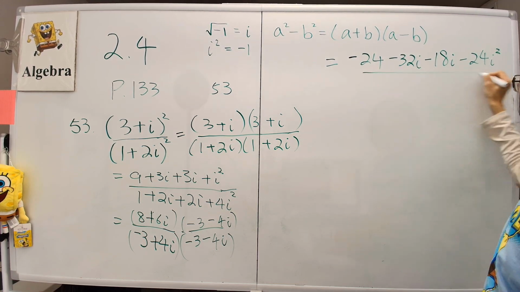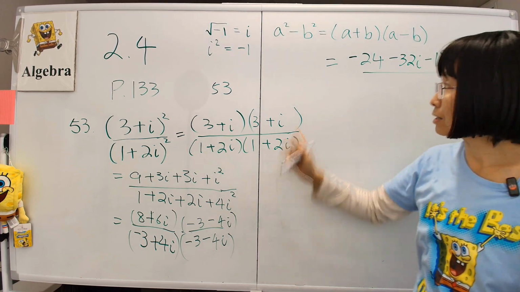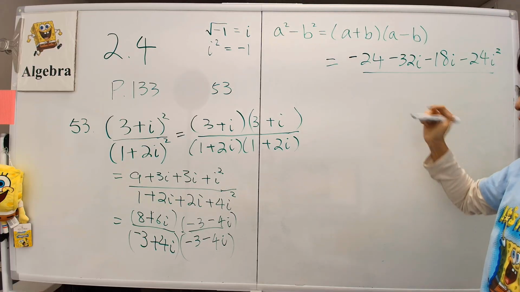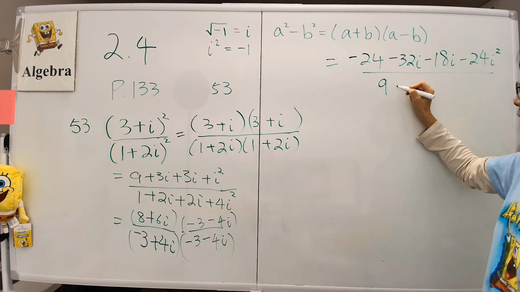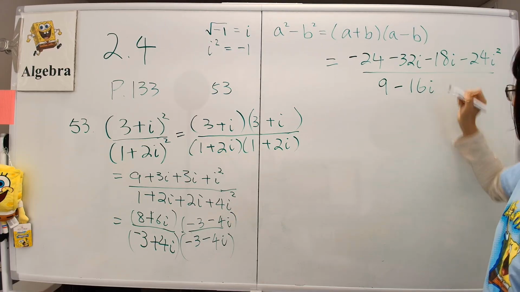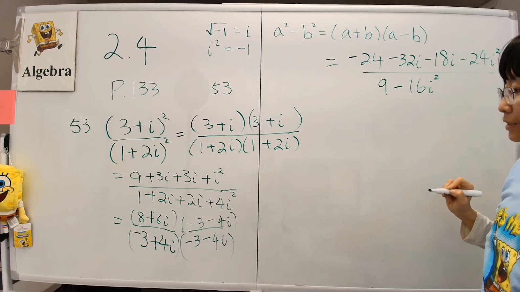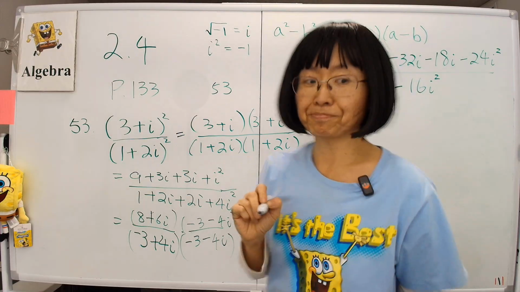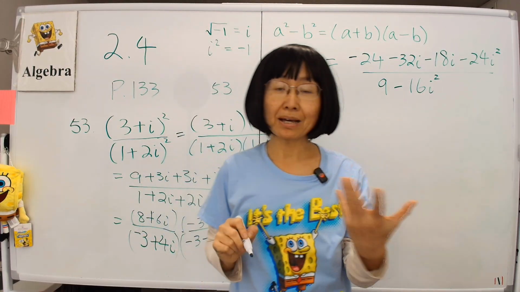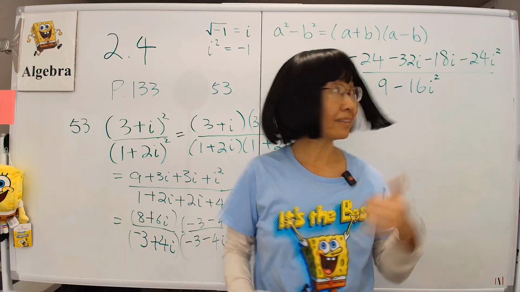And then the bottom is easier, however, because the bottom is just a squared minus b squared. So a squared is 9, minus b squared is 16i squared, following this formula. Or you can just multiply it out very quickly and you will see why this is true.